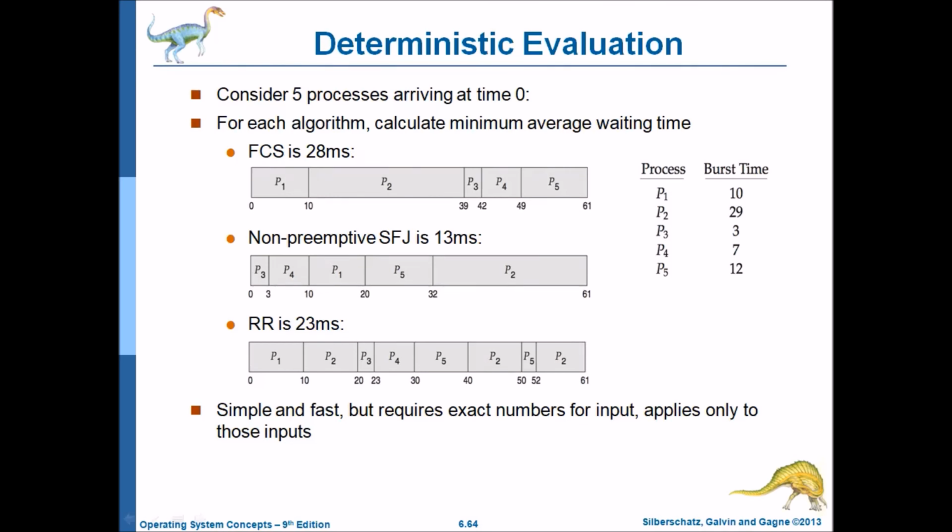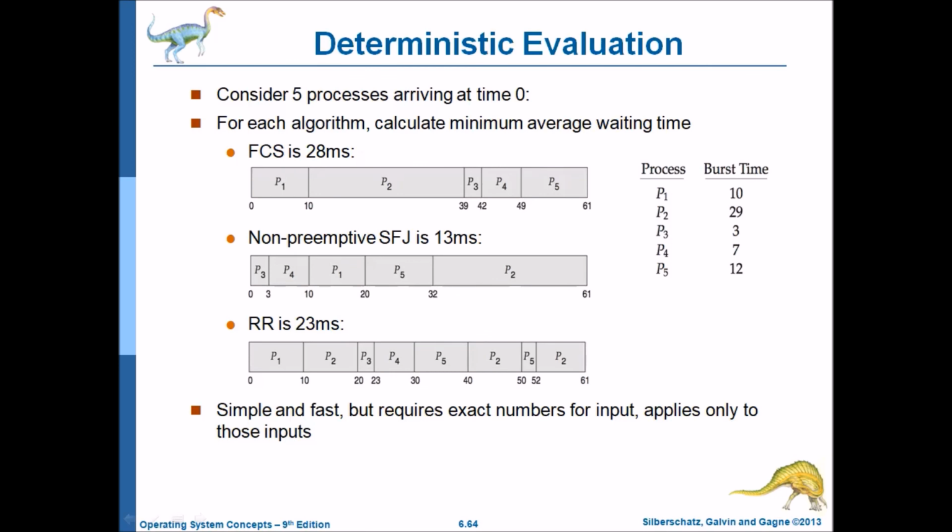For the first come first serve algorithm, we get an average waiting time of 28 milliseconds, and the non-preemptive shortest job first has 13 milliseconds, and the round robin algorithm with a time quantum of 10 milliseconds gives us 23 milliseconds of average waiting time.